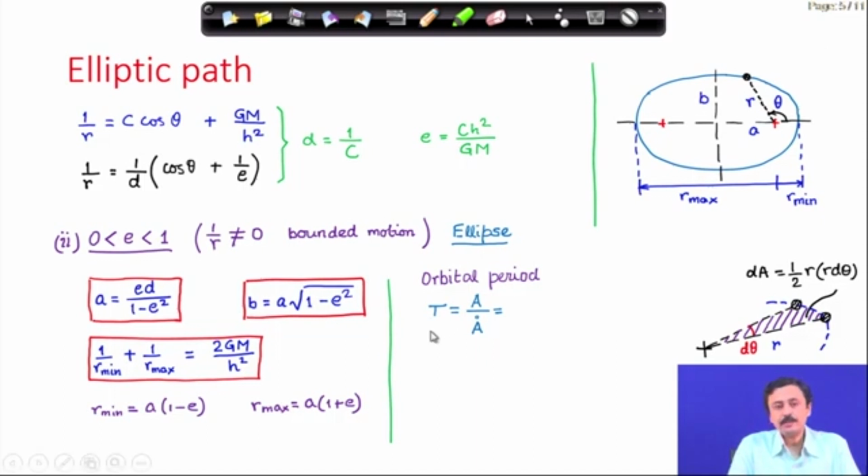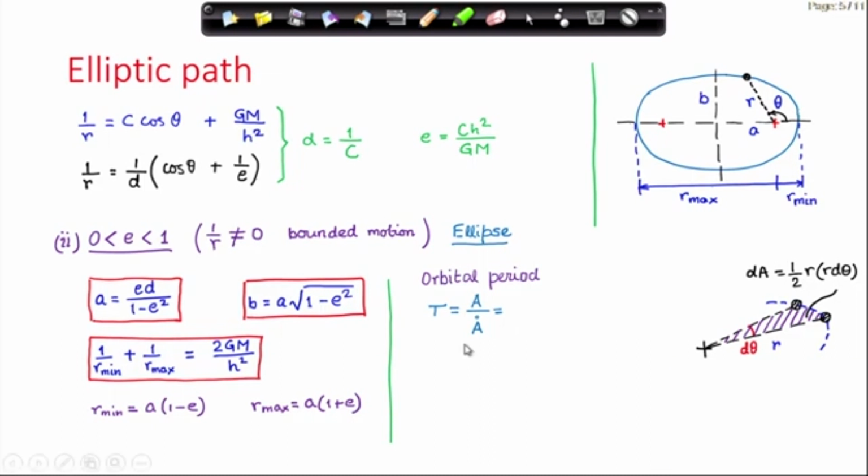Now, the orbital time period is the area of the total orbit in the ecliptic plane, which we have defined, divided by the rate of change of this area, A dot. So total area by areal rate will give us the time period of the orbit on the elliptic path.